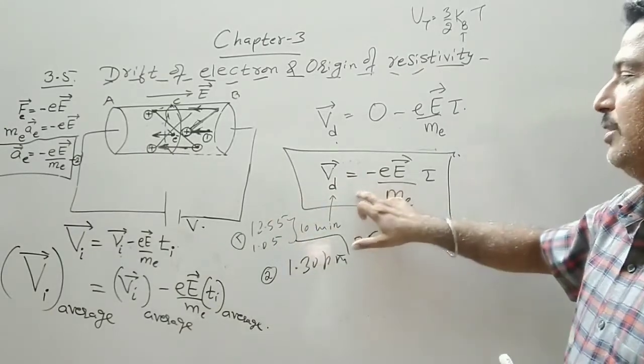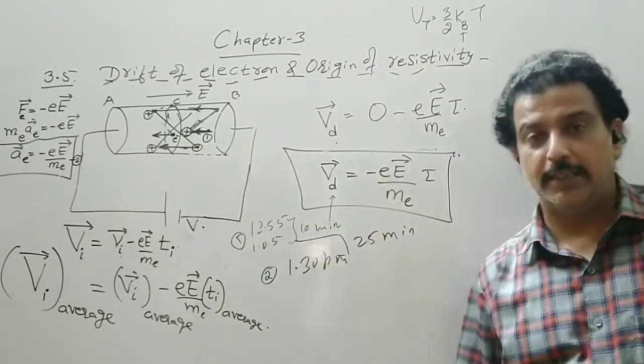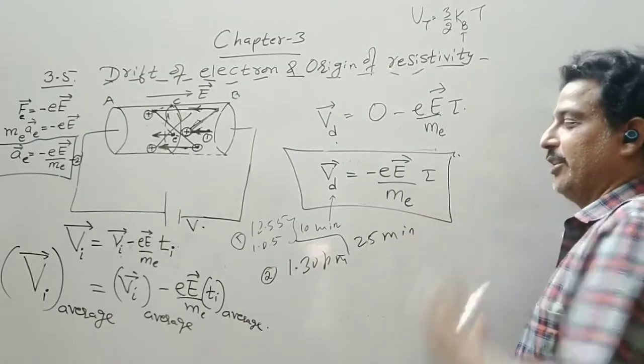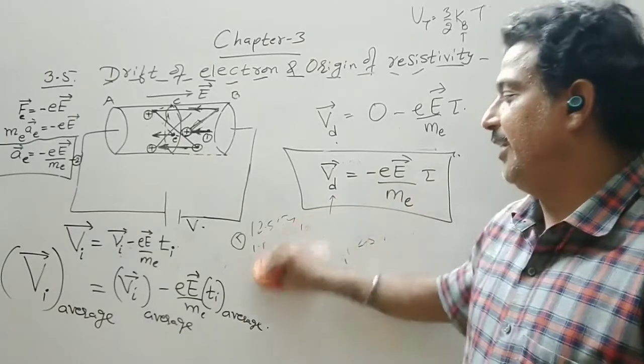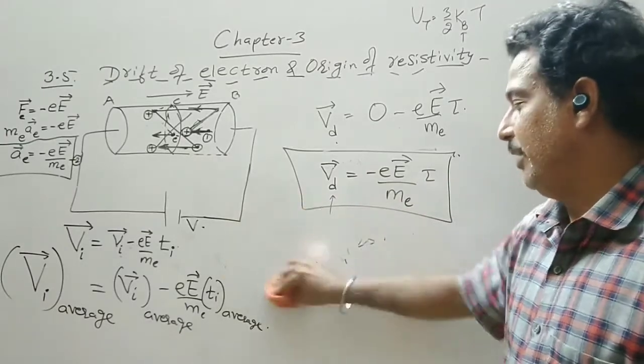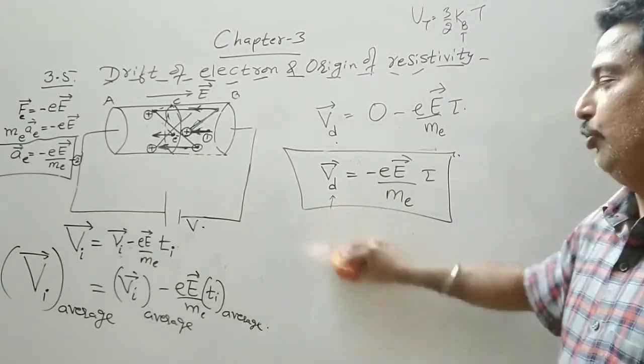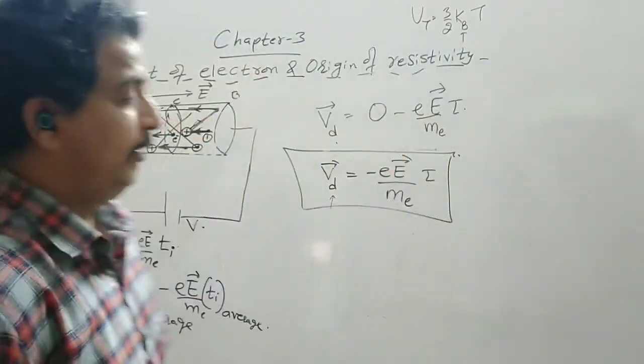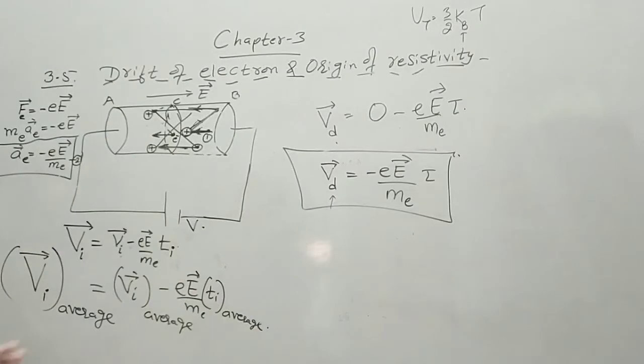This average velocity is called the drift velocity. The average time interval between two consecutive collisions will be referred to as the relaxation time. But we have to consider all the n electrons, so we take the average of this final velocity.